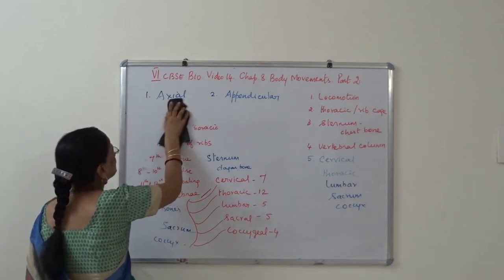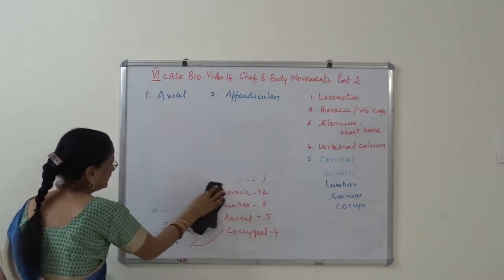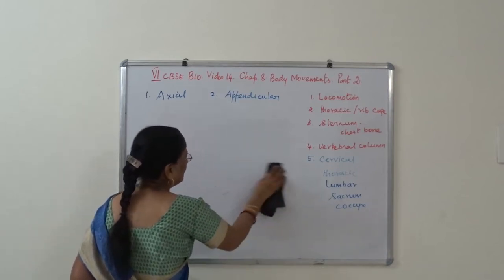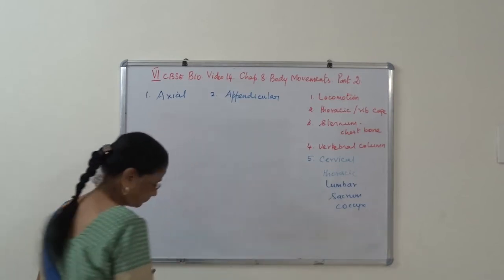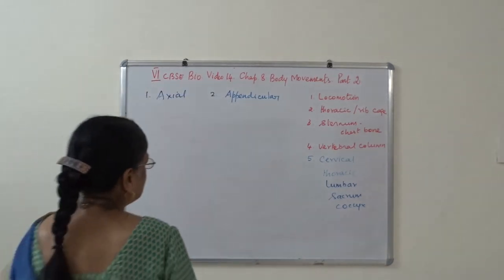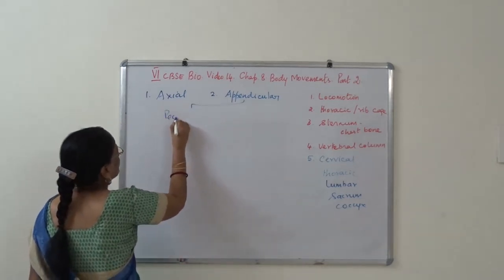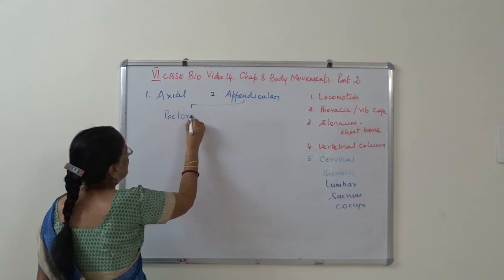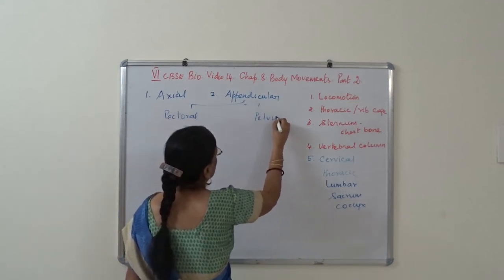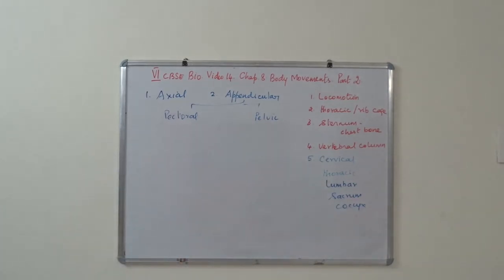Next we'll move on to the appendicular skeleton. In the appendicular skeleton we have the pectoral girdle and pelvic girdle.